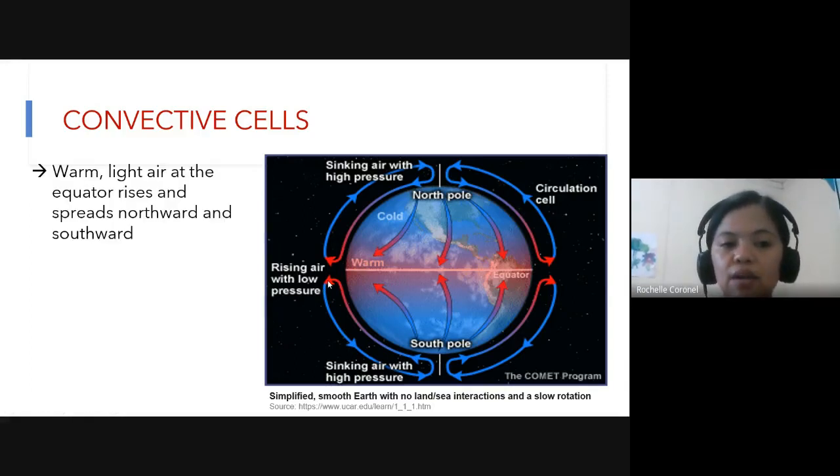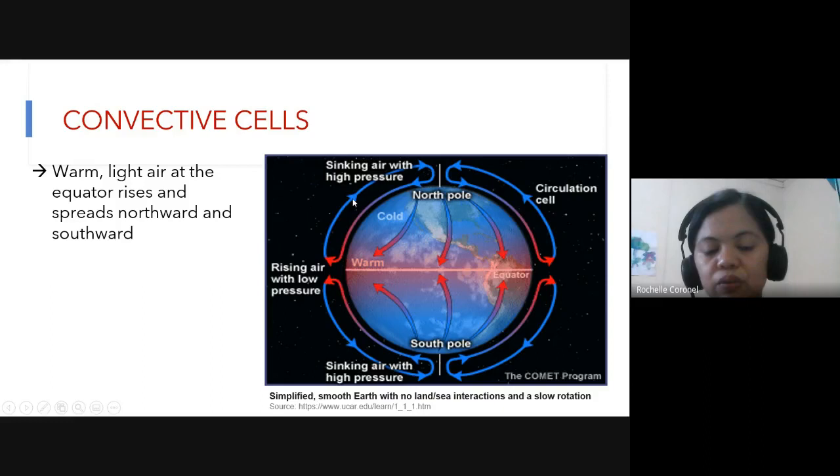So warm, light air at the equator rises and spreads northward and southward. As it goes up, it will eventually spread out. We have what we call the cloud top.